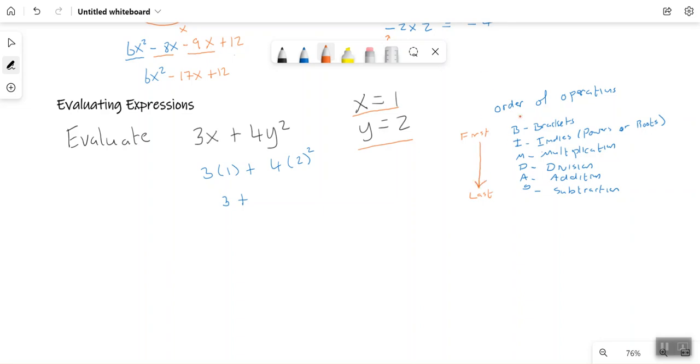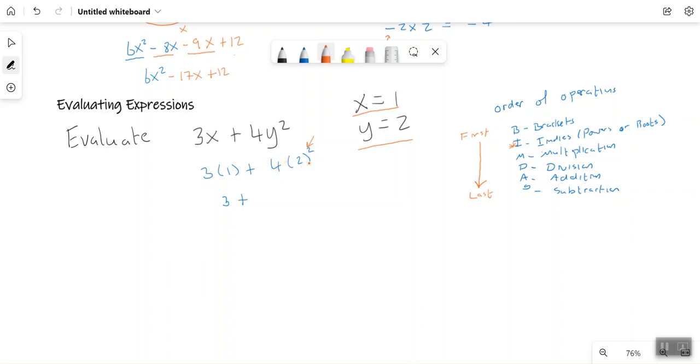Whatever's the highest order, in this case brackets is the highest order. If there's a bracket, you do that first, then indices is next, then multiplication, then division, then addition, then subtraction. So if we have a look at this, we can see that this here is an indice, so we have to do 2 to the power of 2 first before we multiply the answer by 4.